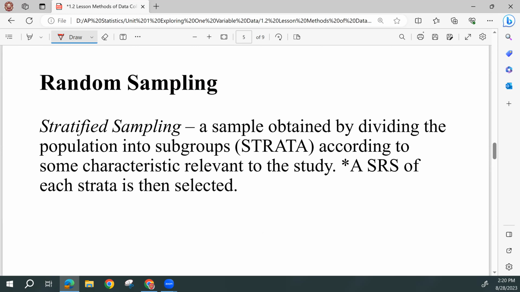We can break the student body up into those subgroups that we call strata. It's a stratified sample. We break them into strata. And then in this stratified sample, first we'll break into groups. We will group, in this case, freshman, sophomore, junior, senior.